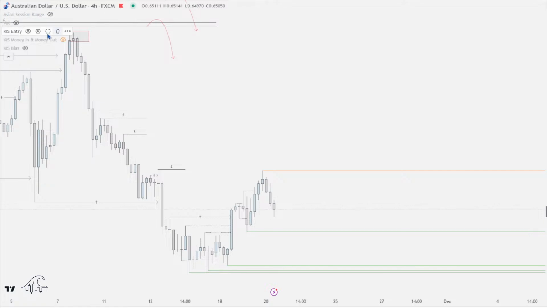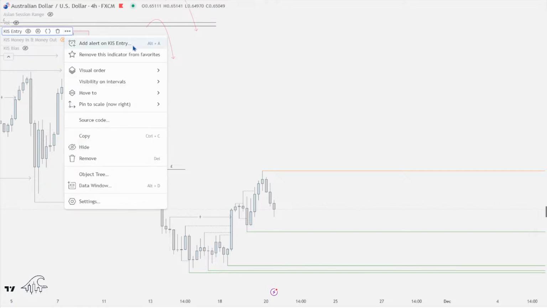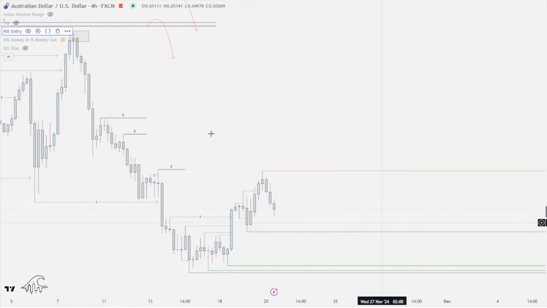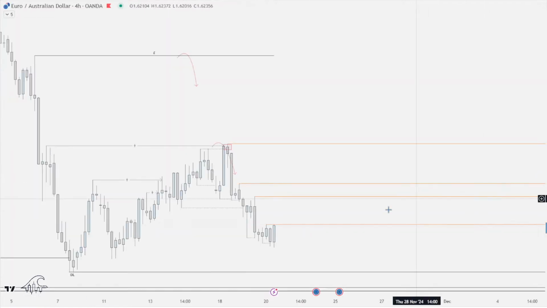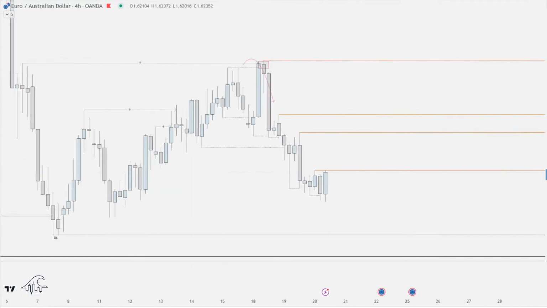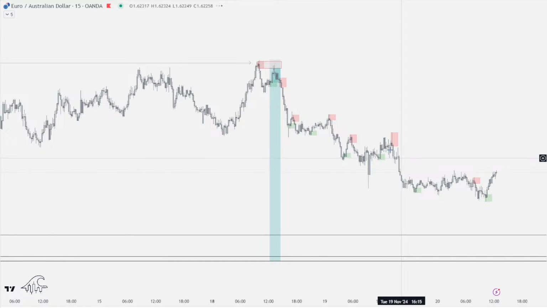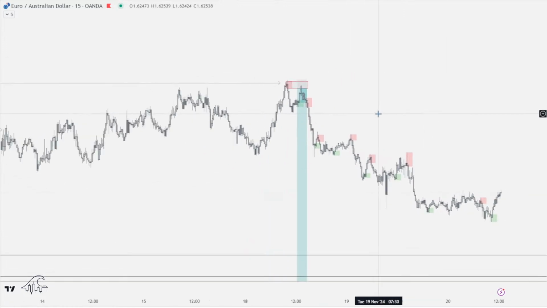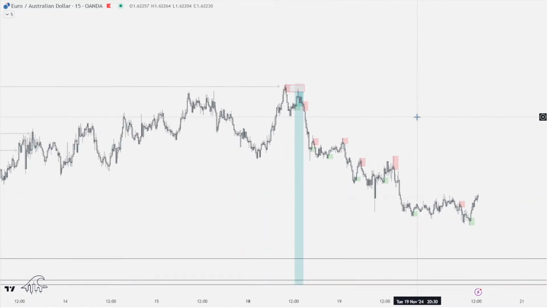Just setting a low on this as well. Do we have an alert for this? This was the cleanest setup, to be honest. This was the cleanest setup ever. Swept that high. Immediately we got that entry point down.